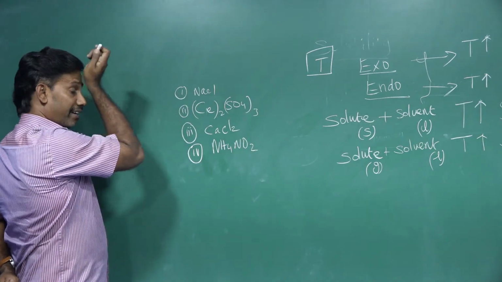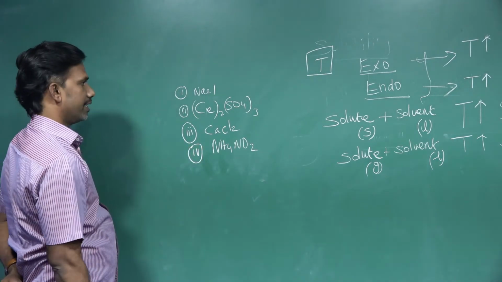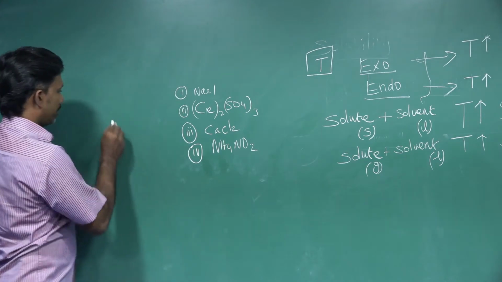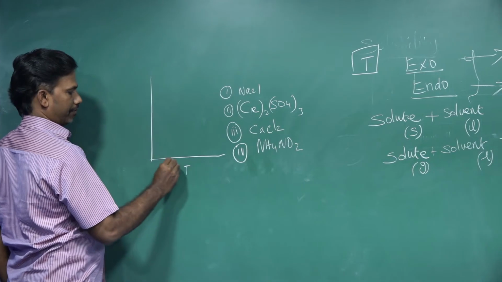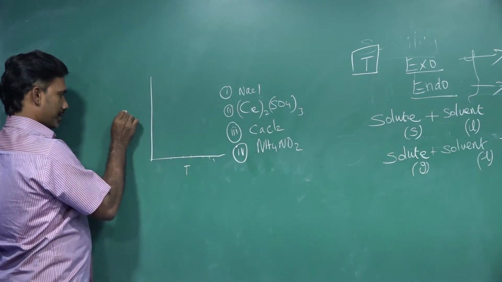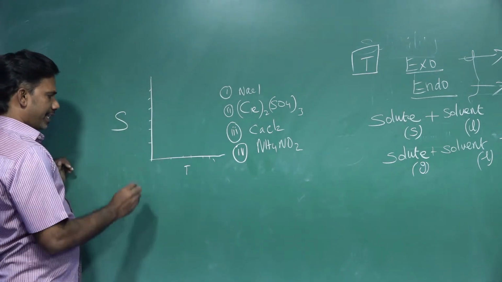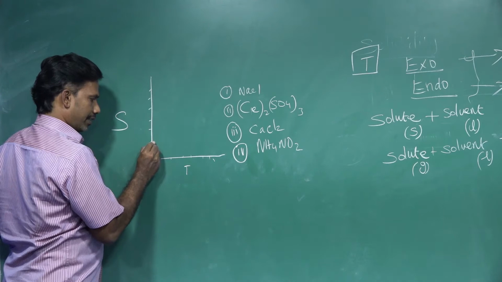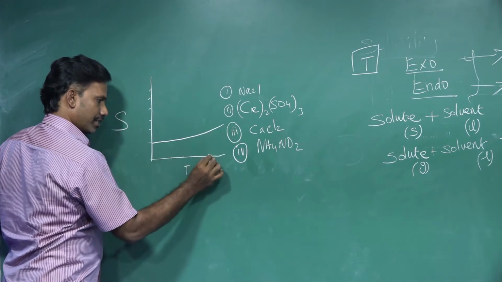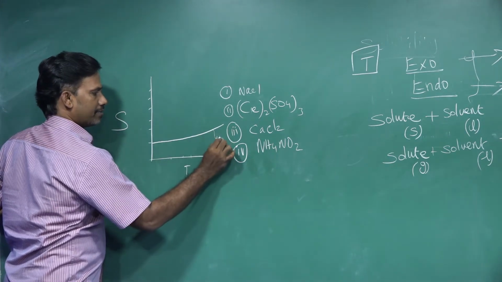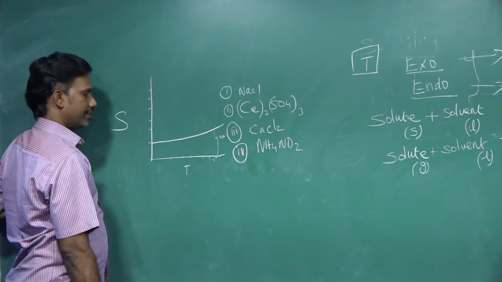Let me draw this: temperature goes on increasing along one axis, and solubility along the other. For NaCl, there are only slight changes as the temperature increases, about a ten-fold slight change in solubility.